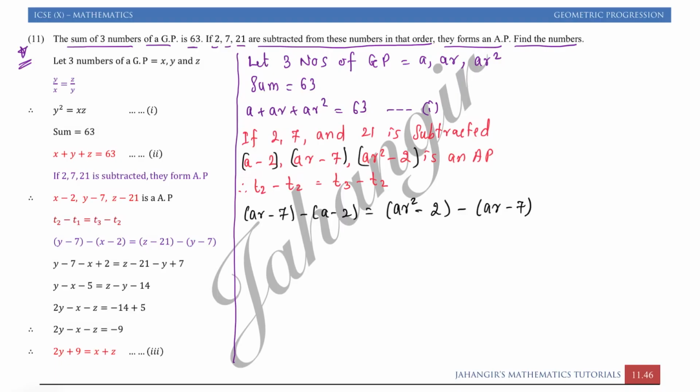Here we used the property of arithmetic progression. The property of arithmetic progression is that the difference between consecutive terms is the same. So T2 minus T1 is equal to T3 minus T2. And what is the property of a geometric progression? T2 upon T1 is equal to T3 upon T2. This property I used on the left side.